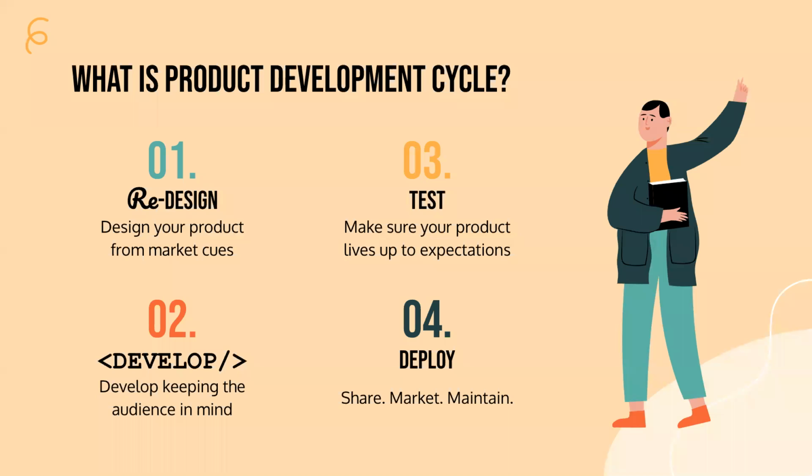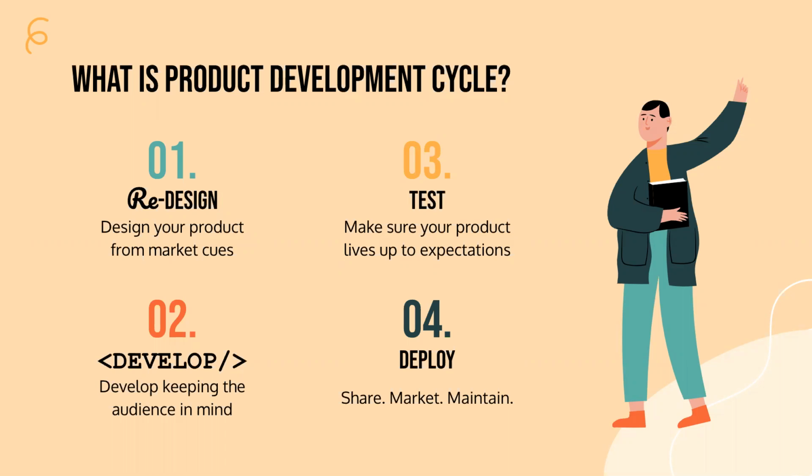Then you want to alpha test it. They give you feedback, you have to redesign, redevelop, retest, redeploy. And it's basically a cycle. And that's what is called maintain, the last part of deploy.